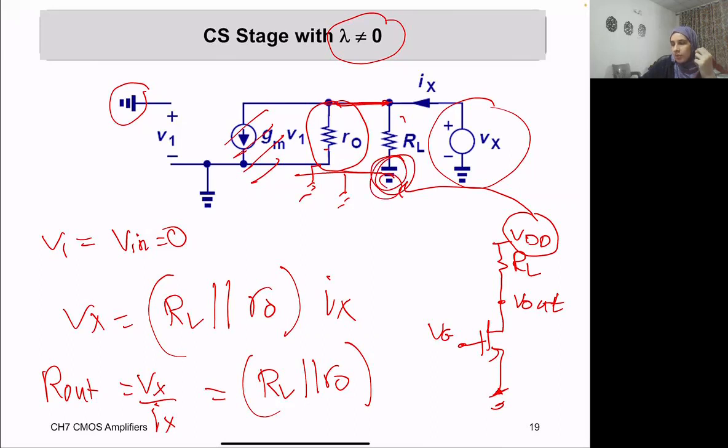Remember that part, it's important. And now Vout is basically, if we are looking from this side, we see up, in the small signal model, it's grounded, and down there is an rout. So looking from the middle, we see RL to ground and rout to ground, and we see their parallel combination.